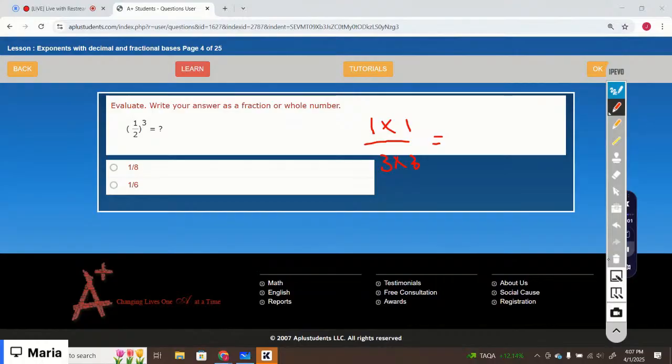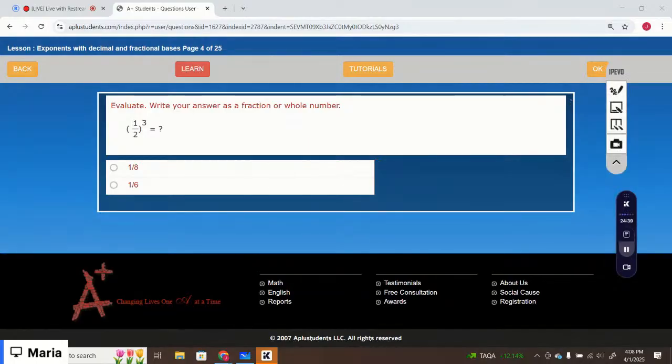Evaluate (1/2) cubed. So you have to do 1 times 1 times 1 over 2 times 2 times 2. Which is the correct option? That is 1 over 8. Option number 1 is the correct option.